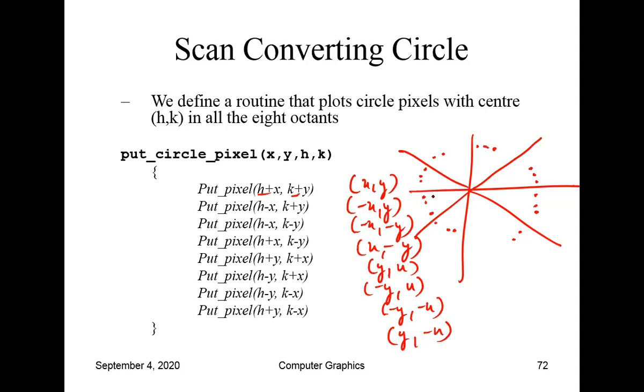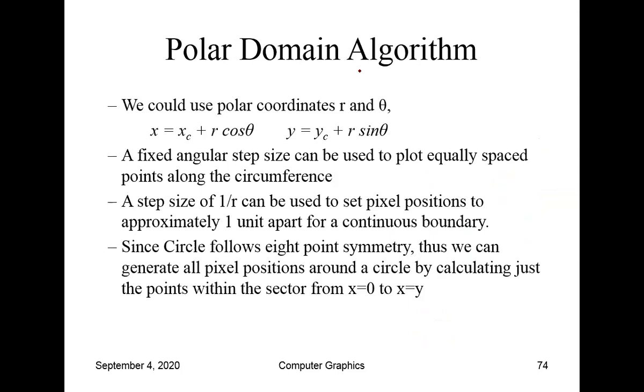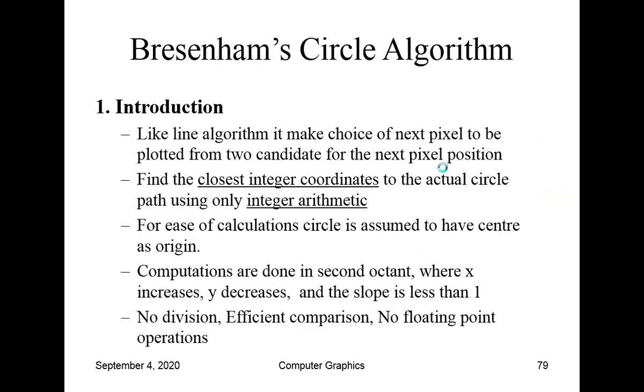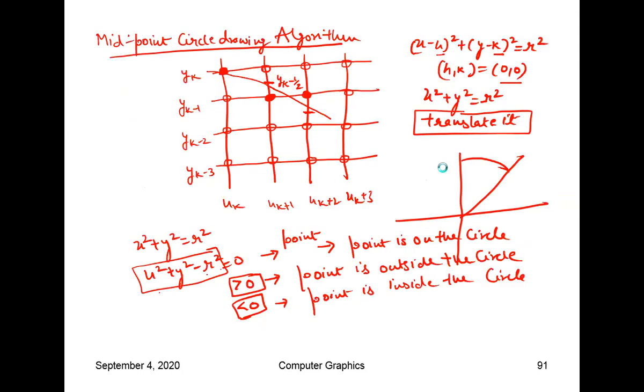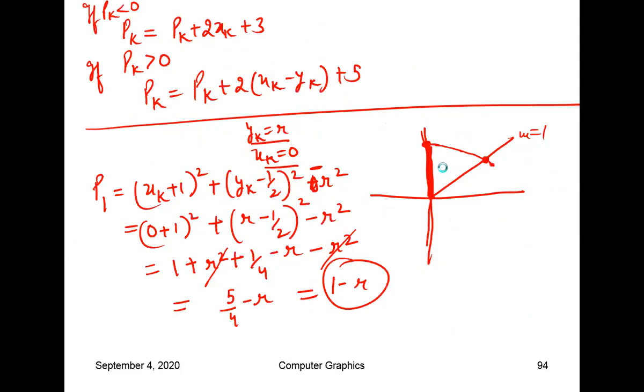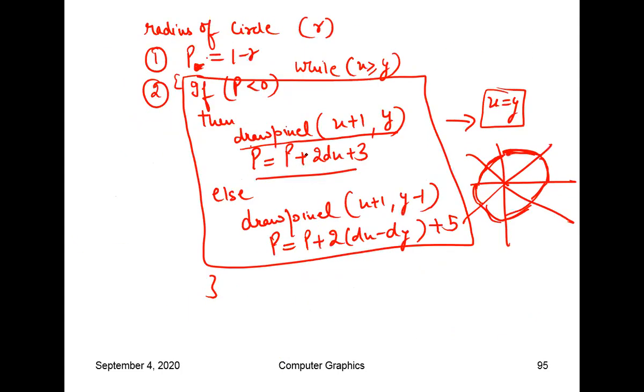Are you getting this? So what we have to do is draw the pixel in every octant. Whenever we write this in the algorithm, we write it for all the pixels, not for one particular pixel. So here we have to draw the pixel for every other octant.